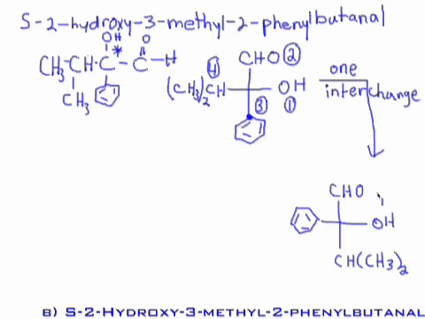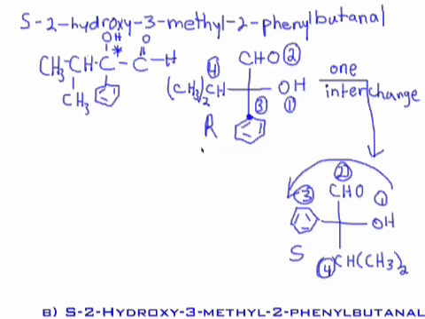And so now I have 1, 2, 3, and 4. Now ignoring number 4, I draw a curve from 1 to 2 to 3. I see this is counterclockwise, so this is S. So the original structure I must have drawn must be R.